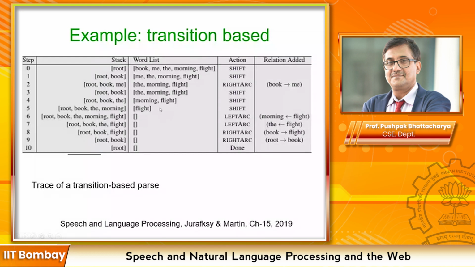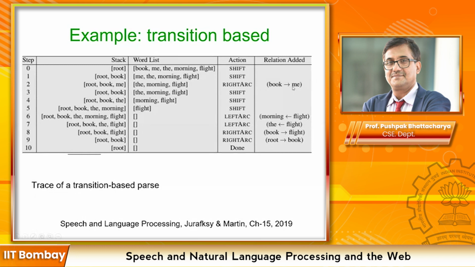Now we proceed and see that whenever there are 2 words on the stack, there is a decision to be made about left arc, right arc, or shifting. So now, book me the morning flight. I decide to set up the arc between book and me, and shift me, the modifier for book, out of the stack.